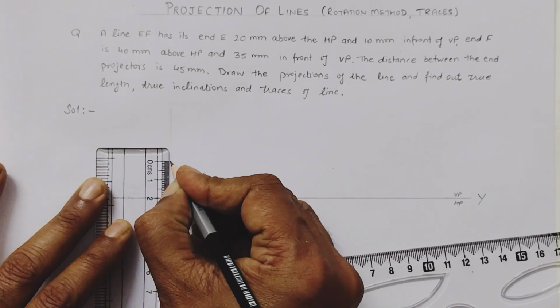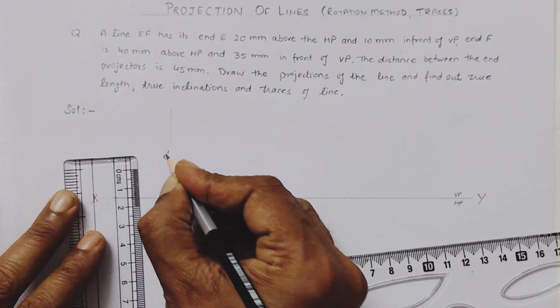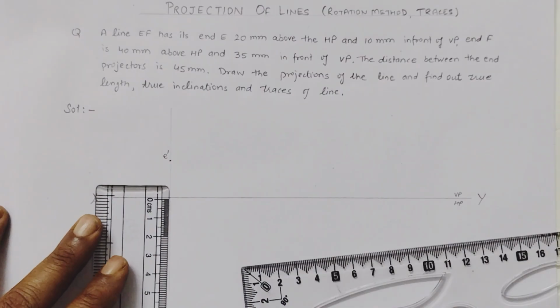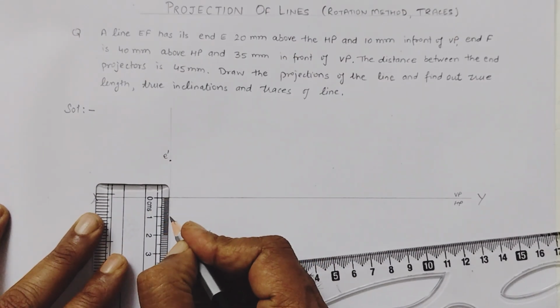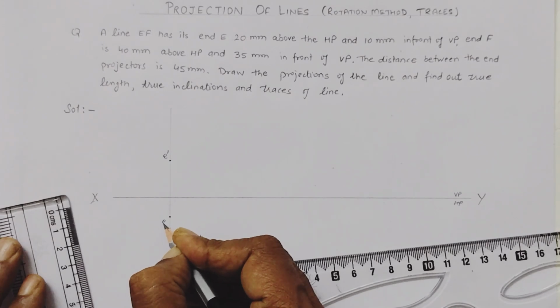So here is our front view of end E, and 10 mm in front of VP. So we will mark 10 mm in front of VP. That is, here we have point E.